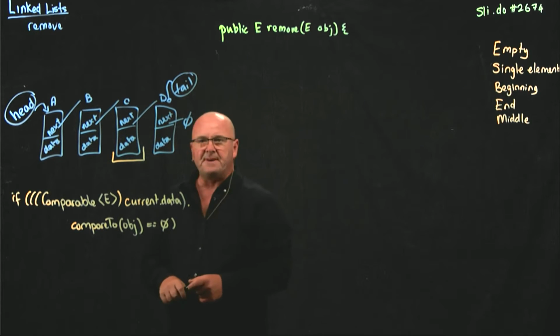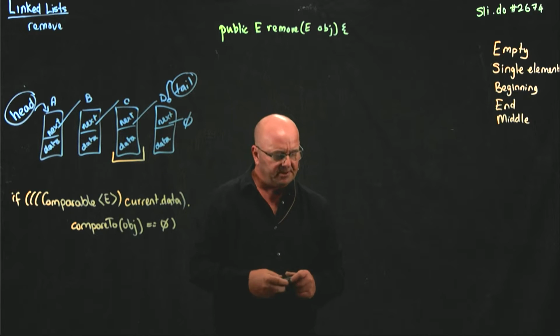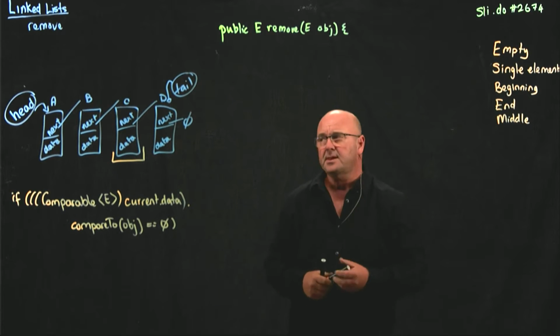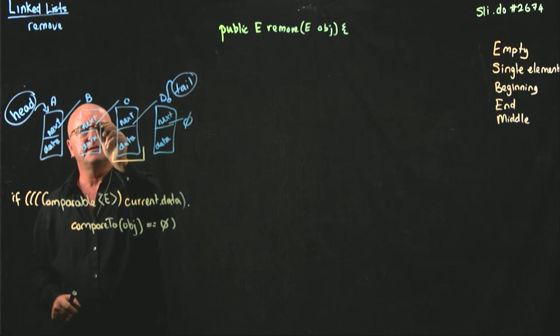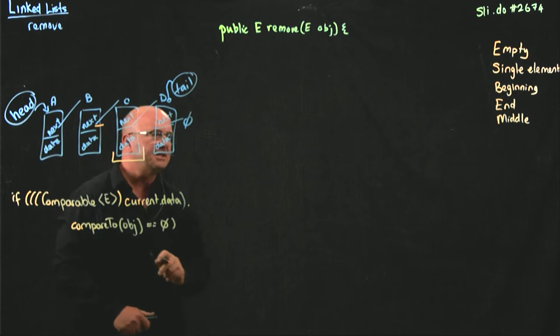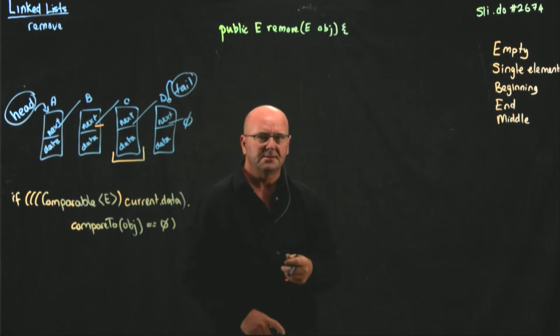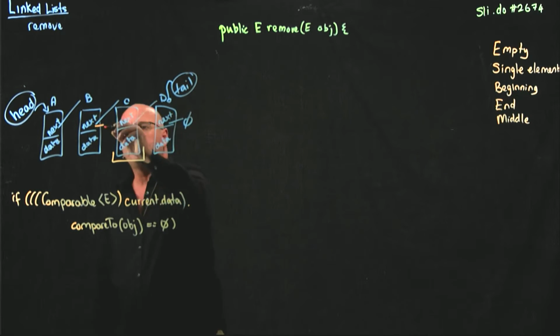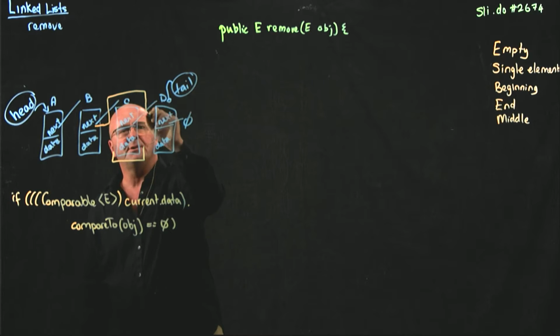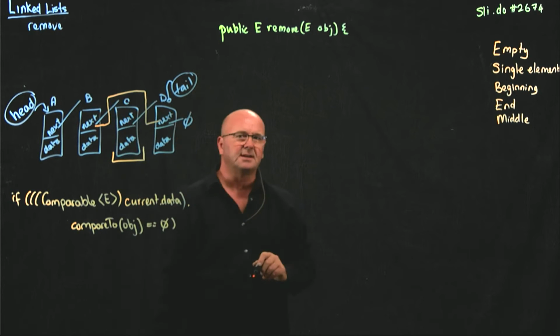So once we've found the thing that we're looking for, the way that we delete it is we take the node before, we take its next pointer, so for example previous.next, and we point that to the node after the one we want to delete.